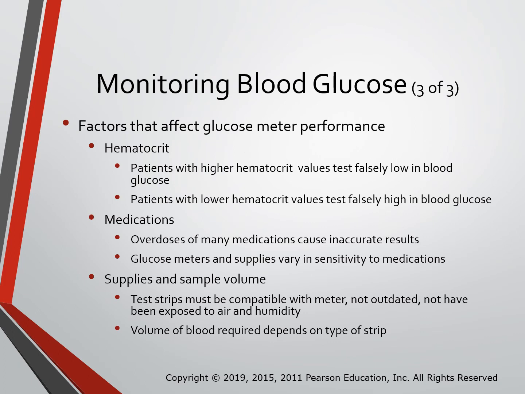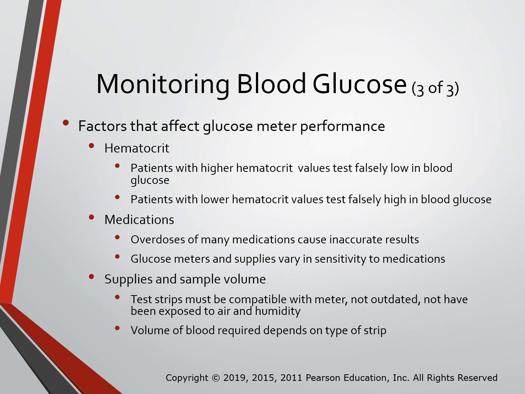Factors that affect glucose meter performance. This is hematocrit. Patients with higher hematocrit values test falsely low in blood glucose. Patients with lower hematocrit will have high glucose. Medications can cause changes in your glucose levels.